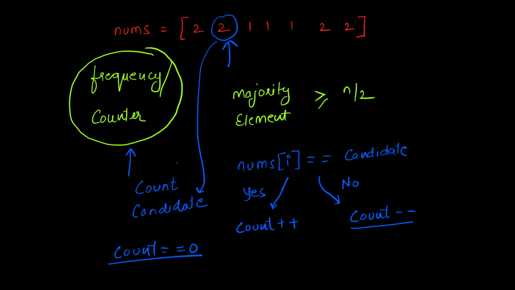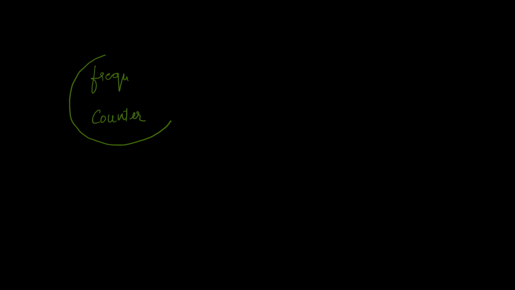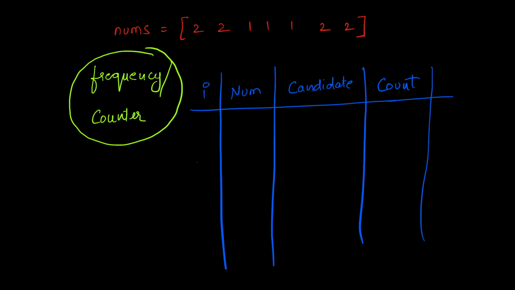Let's run a couple of simulations to understand this better. To start with, the first element in the array will be the candidate and the count will be defaulted to 1. We'll increment the pointer to the next element, which is 2. Index is 1. As the number matches the previous candidate, we can increment the count by 1. After incrementing i to 2, the value is 1. As the value does not match the previous candidate, we need to decrement the count.